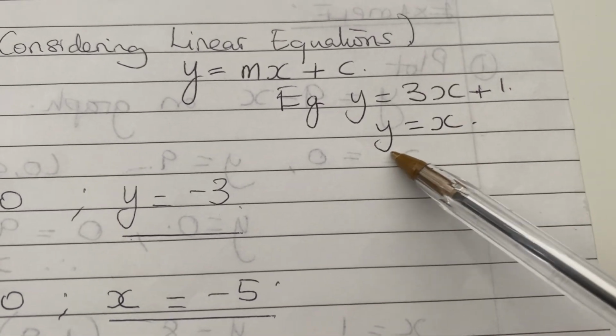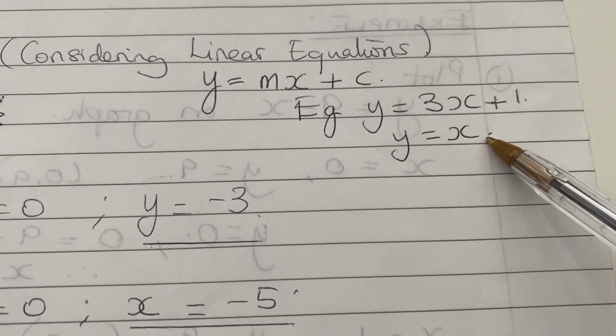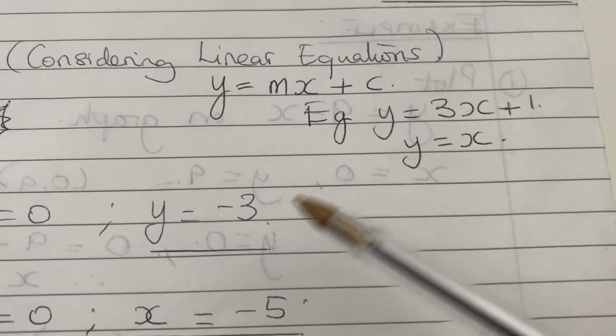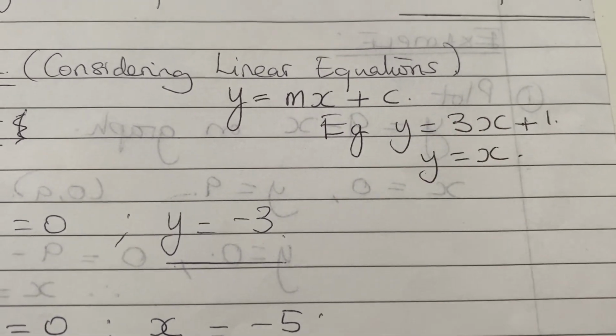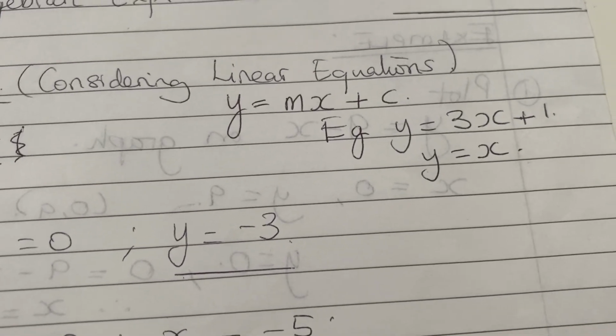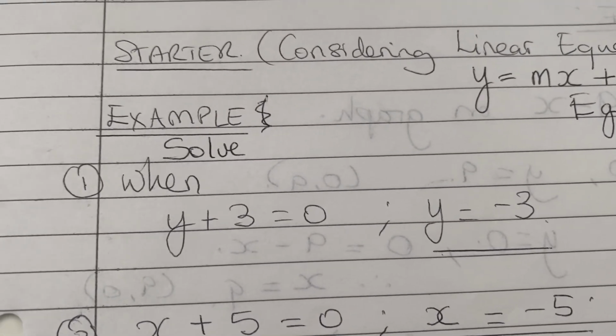Okay, y equals x, so here it will go through the origin. We've done this. That's what I'm saying, because we are going to build on from there. So today is like a revision. So let's look at what I have for you for your starter.